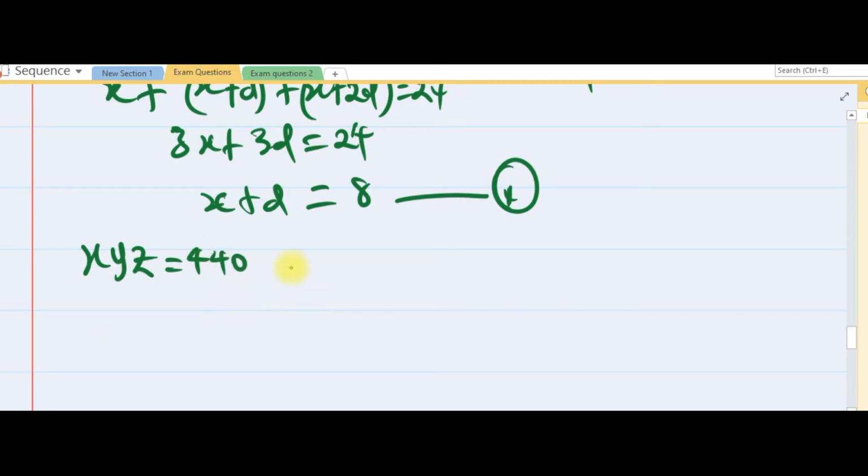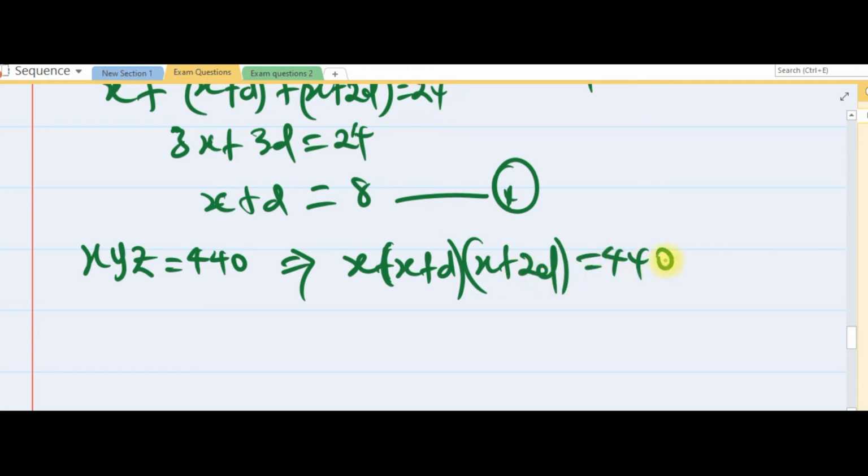But they told us that the product x, y, z is 440. Which implies that x times (x plus d) times (x plus 2d) must give us 440. Yes, since y is x plus d, z is x plus 2d. So we substitute, because from equation 1, x plus d is 8. So I have x times 8. And inside, x plus 2d is x plus d plus d.